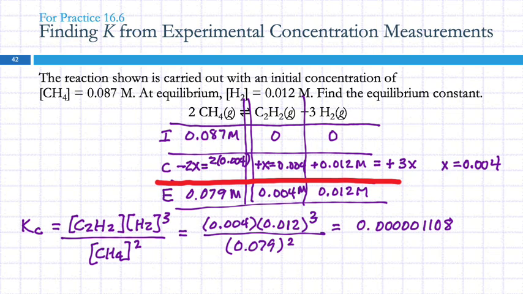So this in scientific notation would be 1.108 times 10 to the, right? And we're moving the decimal 1, 2, 3, 4, 5, 6 places. Is that a positive 6 or a negative 6? It's a negative 6. So that's something that students get mixed up on.